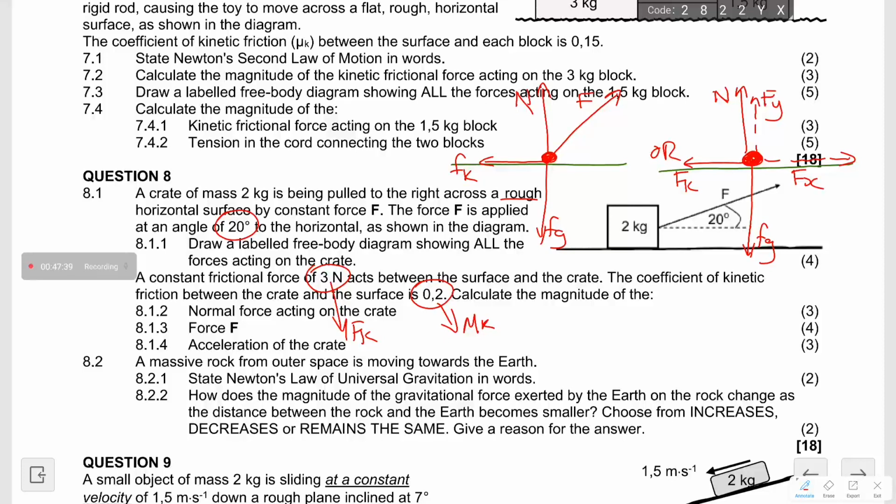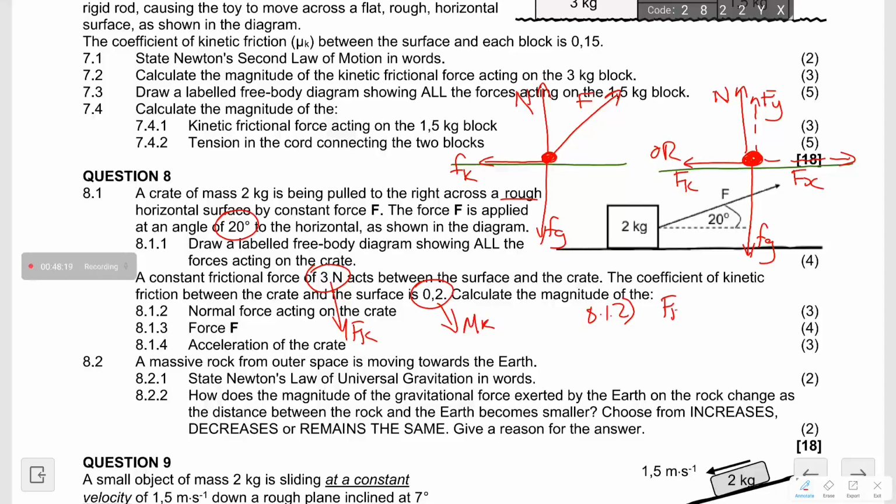We are told the magnitude of the kinetic frictional force, and then we also have the coefficient of kinetic frictional force. So from the formula, Fk is equal to mu K times normal force. I think it becomes very easy to determine the magnitude of the normal force in that regard, because the coefficient of kinetic frictional force is given to us, as well as the magnitude of the frictional force.